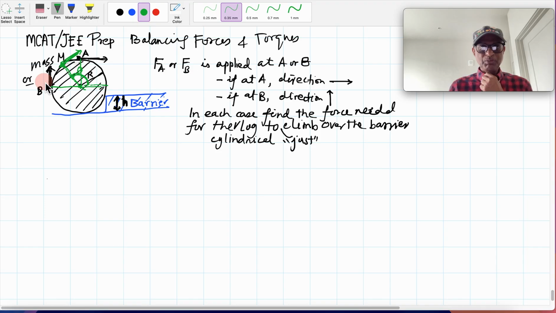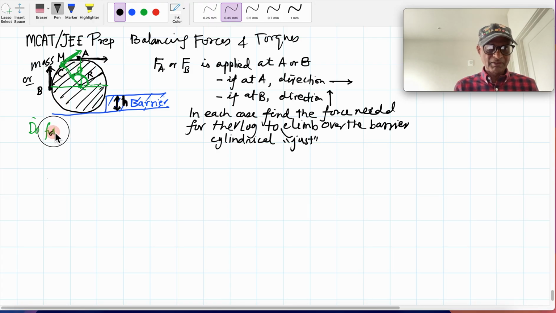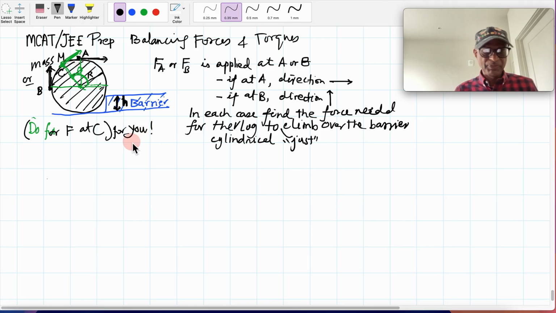But I'm going to do A and B. The harder one, for F at some random point C, is a better problem, so this is for you. In each case we're supposed to find the force that will just push it over.